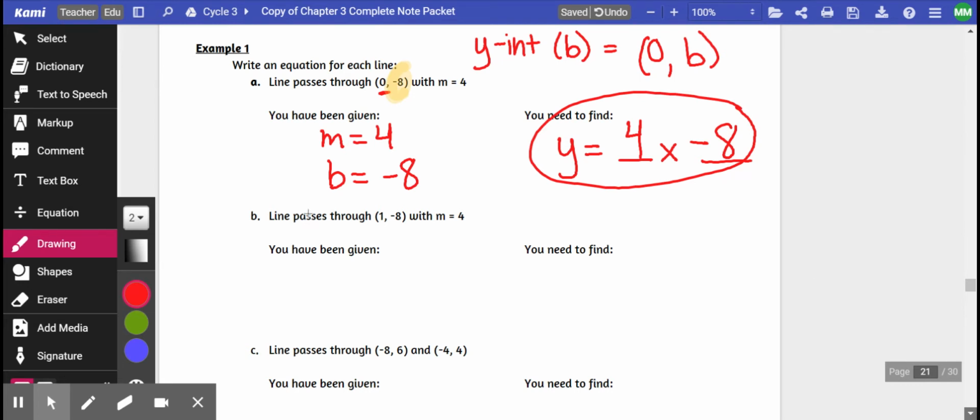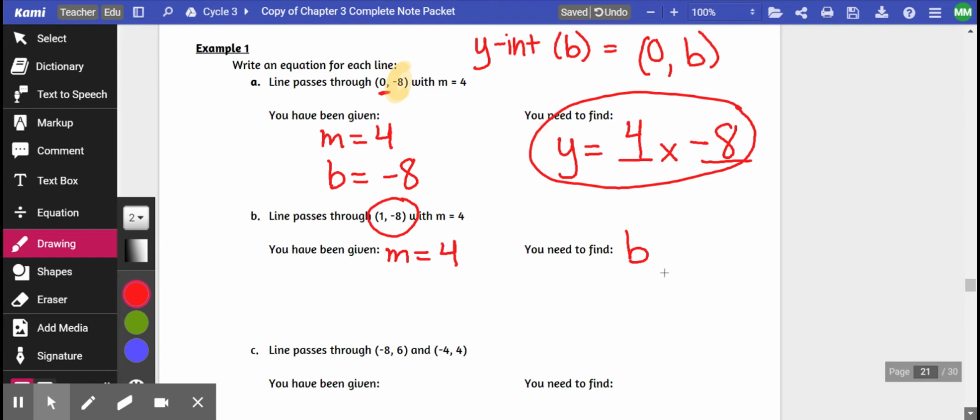Looking at problem B, we have been given the slope. We're told that m equals 4. We've also been given a point. If we have a point given to us, we still need to find our b value, because this is not a point at (0, something).